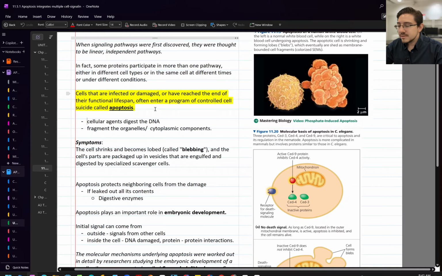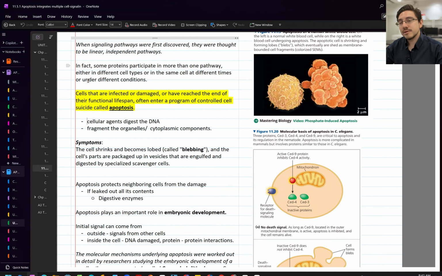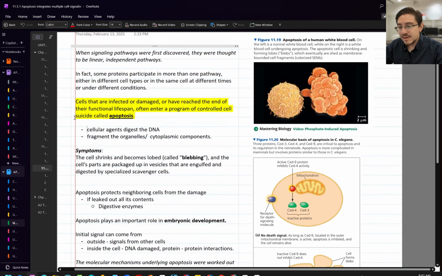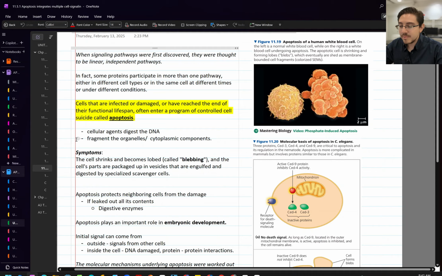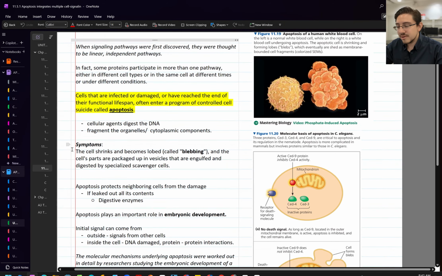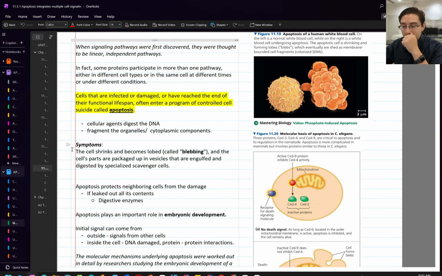We know now that some proteins can participate in many pathways, depending on the cell type and the signals involved. And when cells are infected and damaged, or have reached the end of their functional lifespan, you get very special signaling pathways. One of these is a whole program where the cell actually destroys itself.